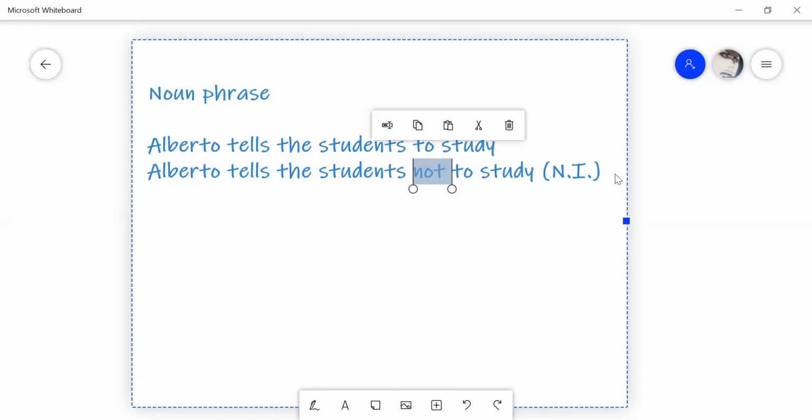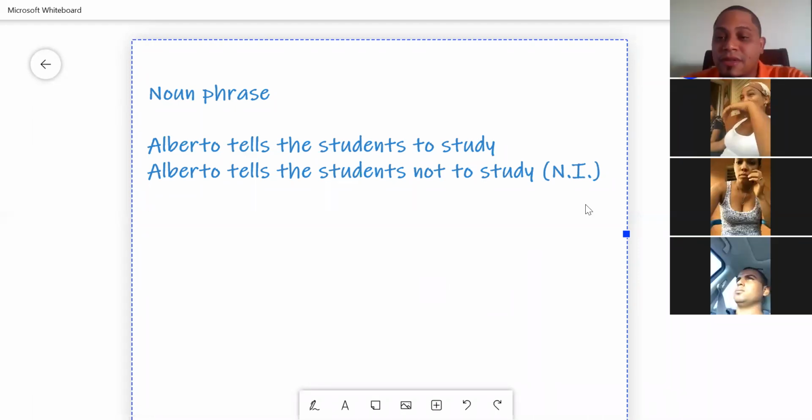But if I tell you, change the sentence to the regular negation, like convert this sentence into a negative, what would you say if you had to change it to a regular negation? Not the negative infinitive, just the regular negation.